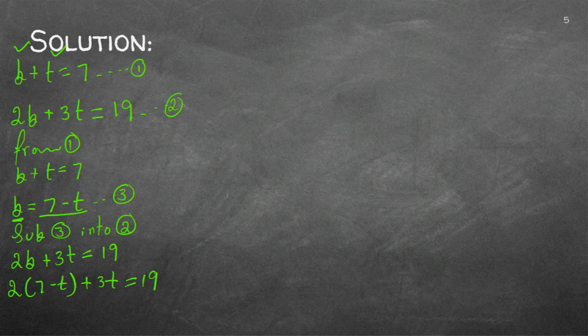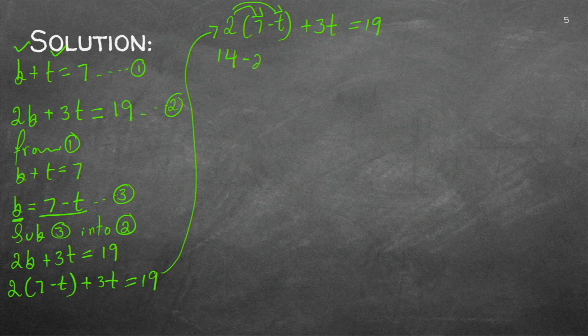So solving this linear equation, let me just try to solve it up there. So this is 2 times (7 minus t) plus 3t equals 19. As you distribute your 2 into those two values, 2 times 7 gives you 14 minus 2t, because 2 times minus t gives you minus 2t, and we bring back that negative, and then we continue.